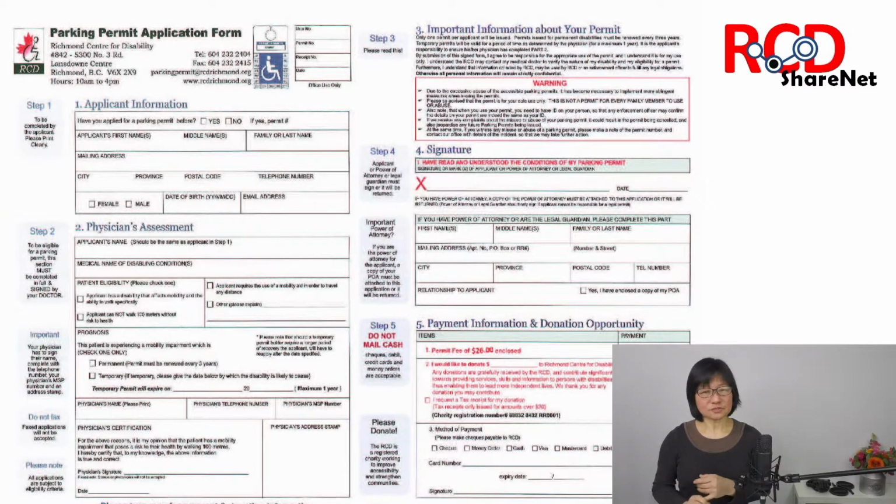It is not strictly for people with physical limitations, say for instance people who are legally blind or totally blind. It would be unsafe for the individual to walk a long distance from the vehicle to the front entrance of the destination. So it will benefit them to park at a closer location to the front entrance, and they can apply for the parking permit as well.